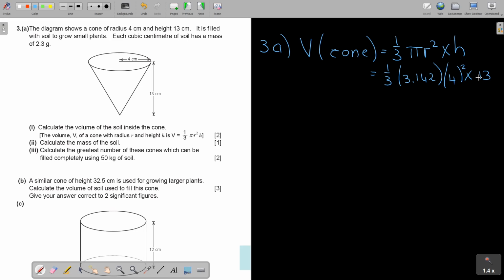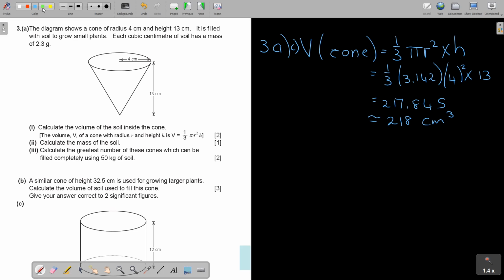On my calculator, 3.142 times 4 times 4 times 13 equals, divide 3 equals, and I'm getting 217.845. It's always good to write it, but then approximate it to 3 significant figures: 218, in cubic centimeters. So that was my A, and it was the first one.